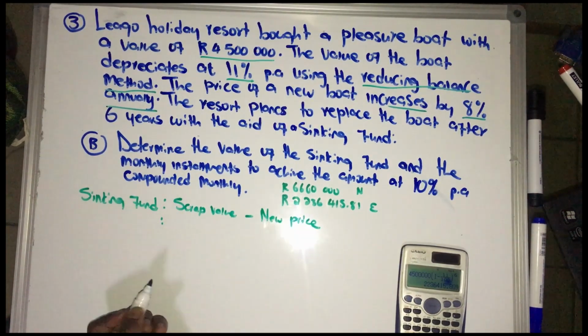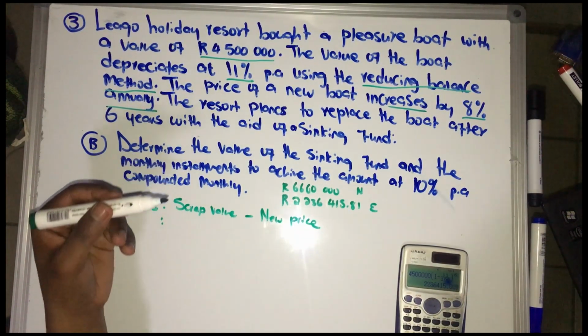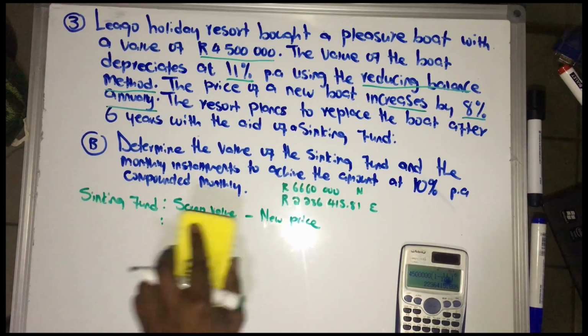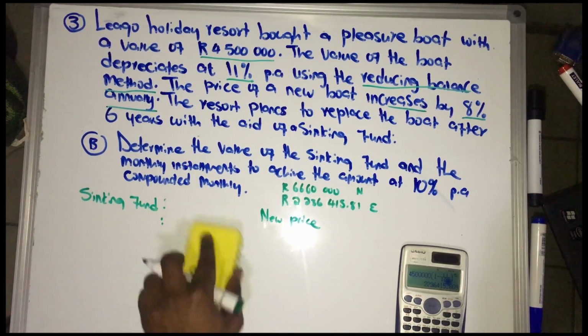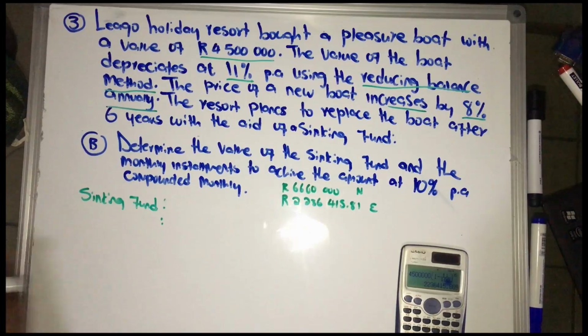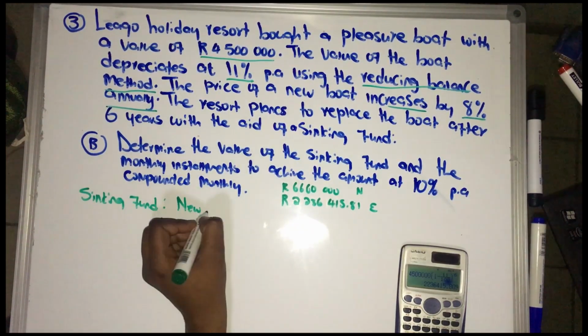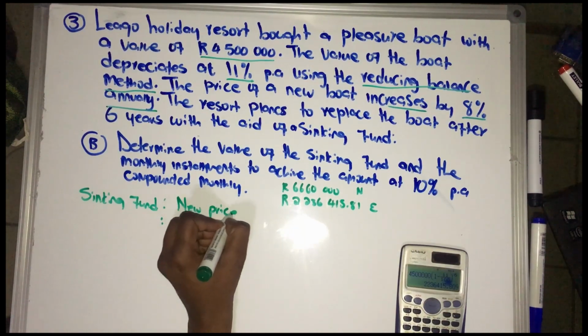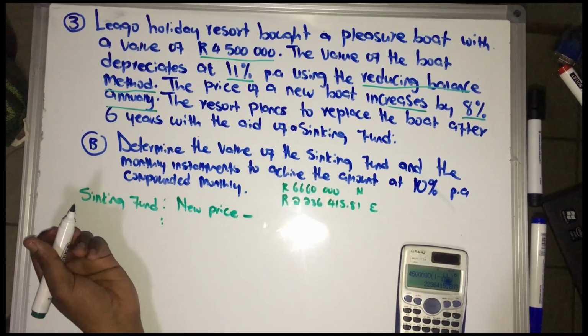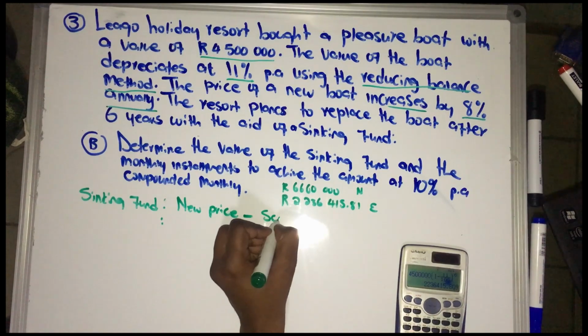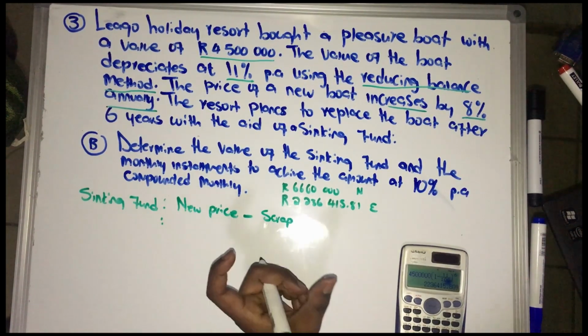Okay, this is actually the other way around. So it's the new price, because we want to buy a new boat at the end of 6 years, a new price minus, then we're selling the old one, minus the scrap value, that's the depreciated value.